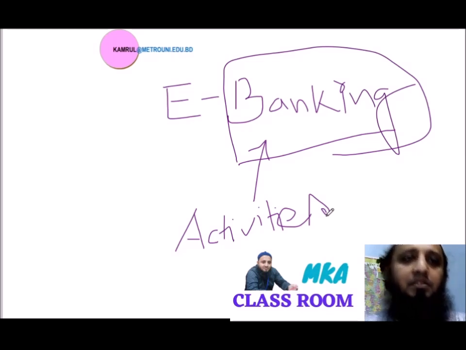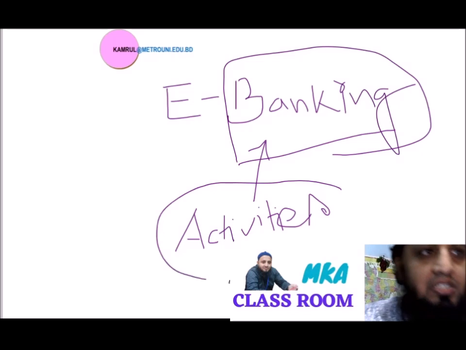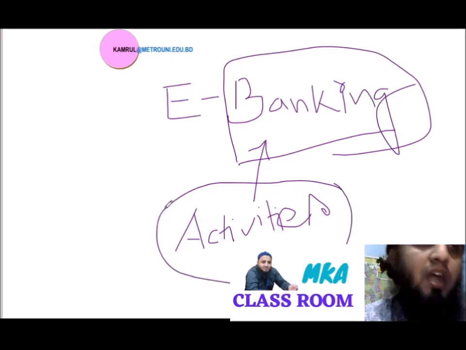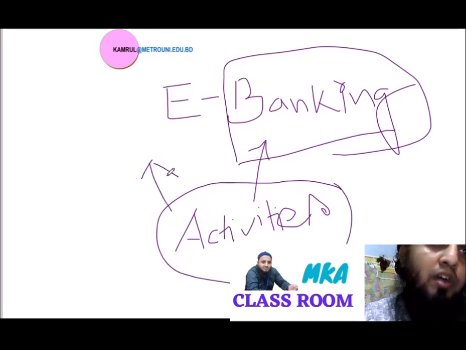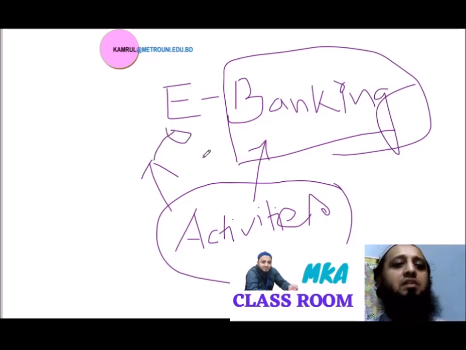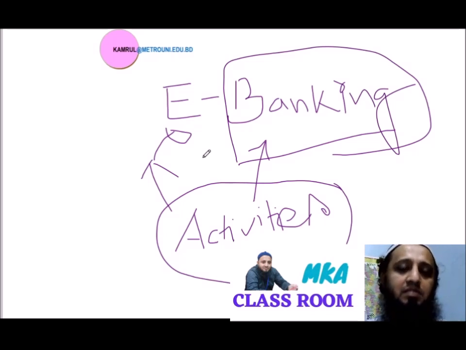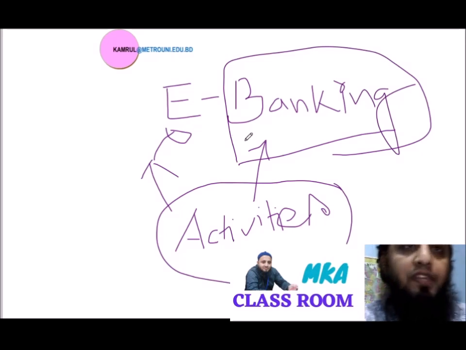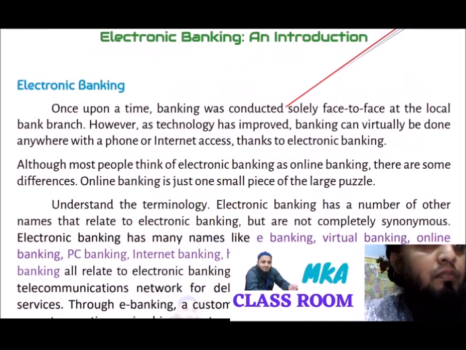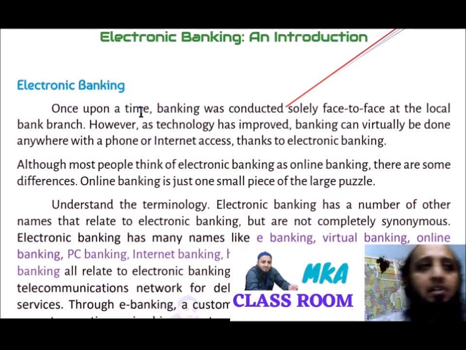And electronic banking: whenever these activities are done through electronic means, that is called electronic banking. That means all the activities of a bank are done through electronic ways. Now we will see the language of the book on electronic banking.